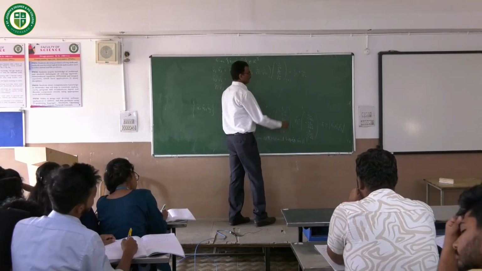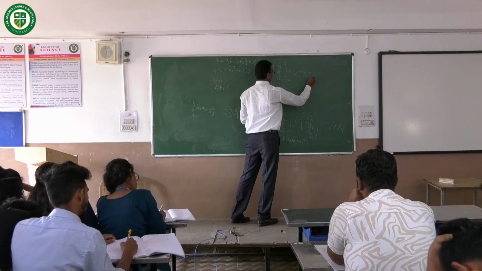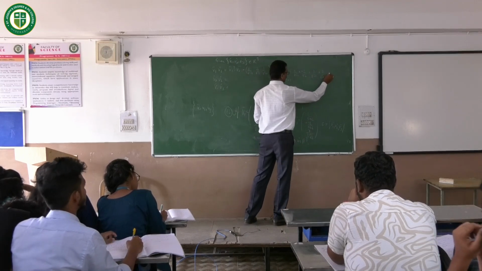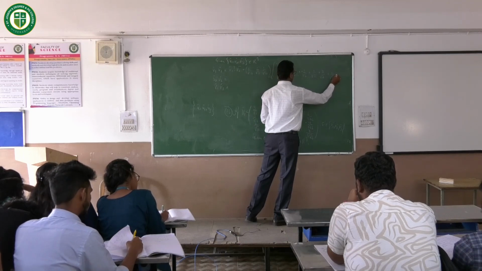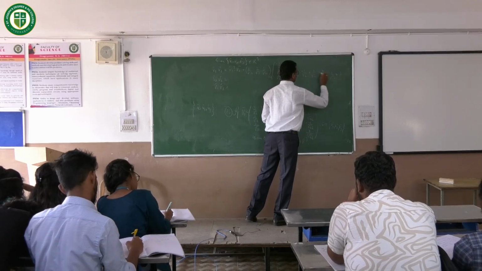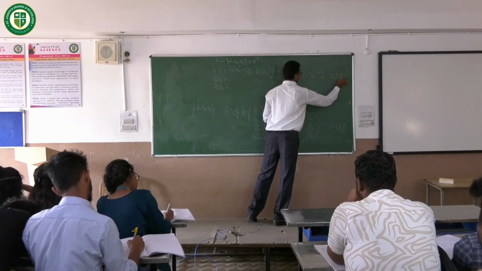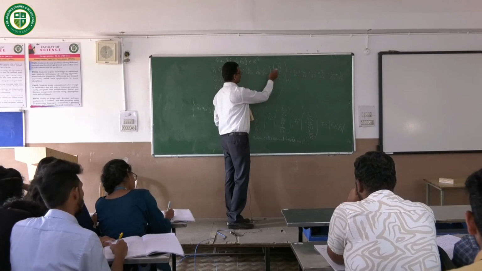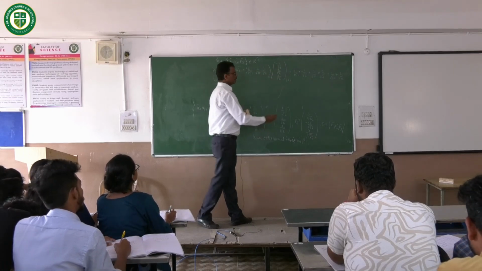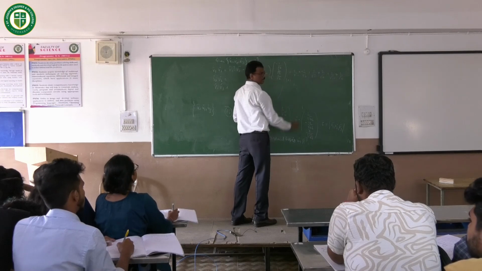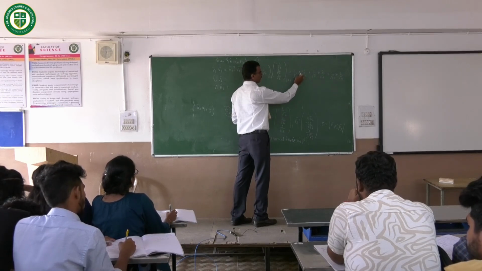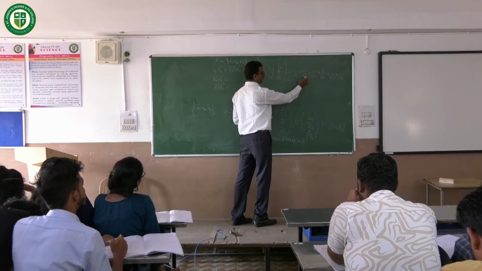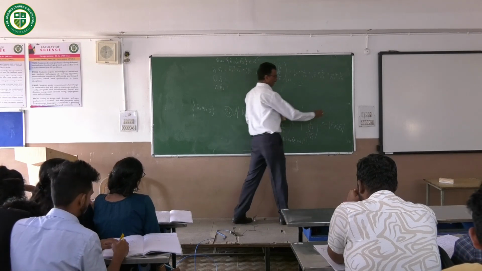3 by root 11 into minus 1 by root 6 plus 1 by root 11 into 2 by root 6 plus 1 by root 11 into 1 by root 6. Observe this: all these multiplications, 1 into this, 2 into this, 3 into this. So the numerator is 3 into minus 1, minus 3, divided by root a into root b.